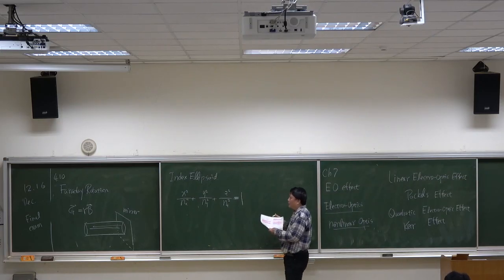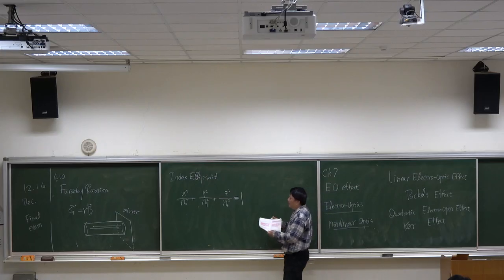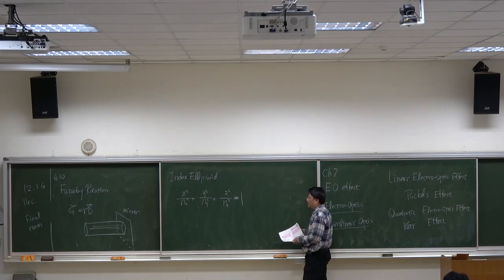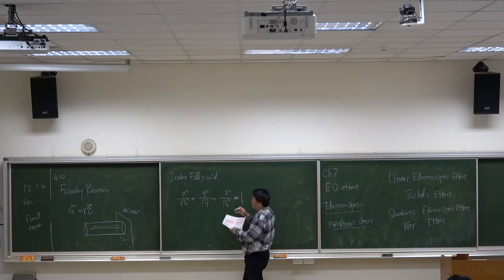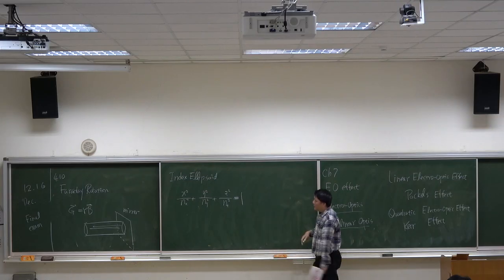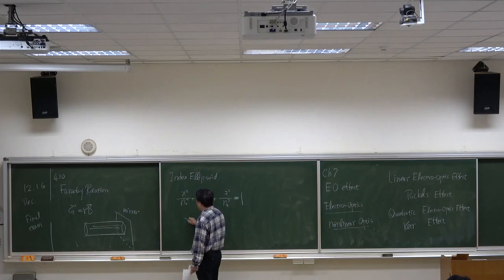The first one, we use the so-called normal surface, Fresnel's equation of wave normal. The second method is to consider the d vector instead of k vector. Then the equation describing the d vector is called index ellipsoid, which can be written like this. Here, x, y, z are the normalized d vector. X, y, z are in fact this one.